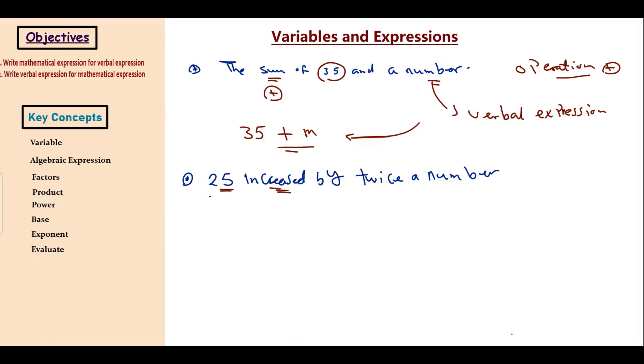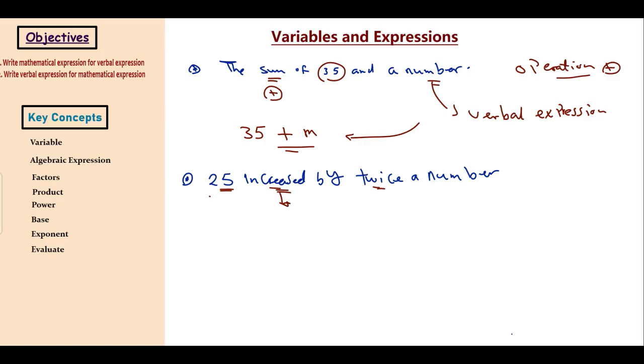Increased means it became bigger, larger. So we are making something larger by using multiplication or addition. But here we are talking about increased by twice a number. Okay, so we added something here. So with the words increased by, we gave that 25 something extra.